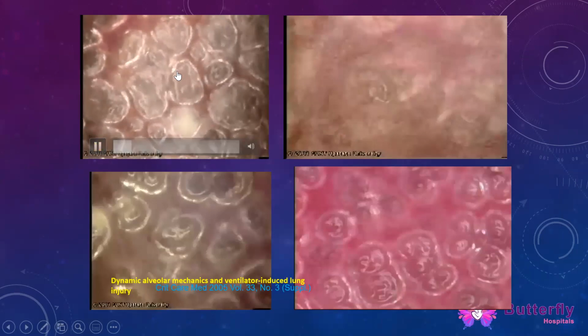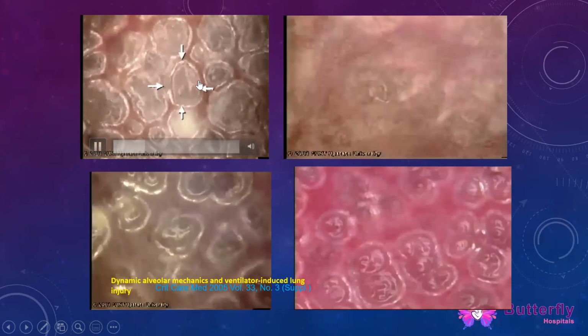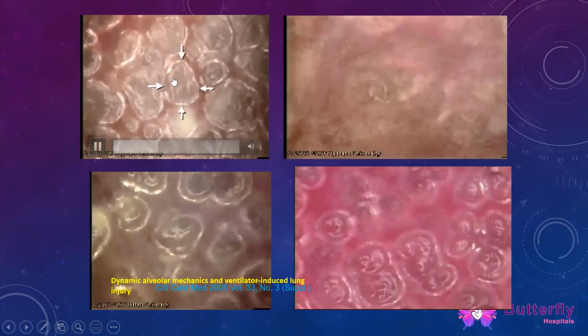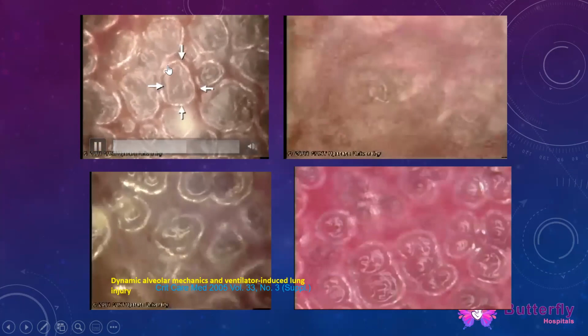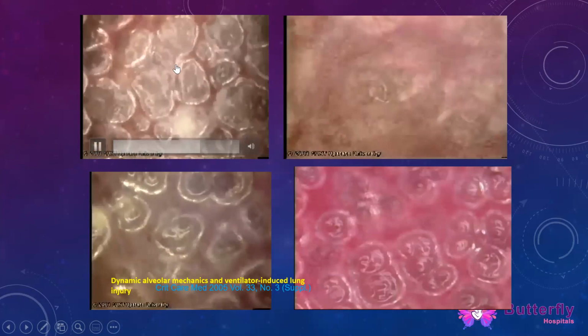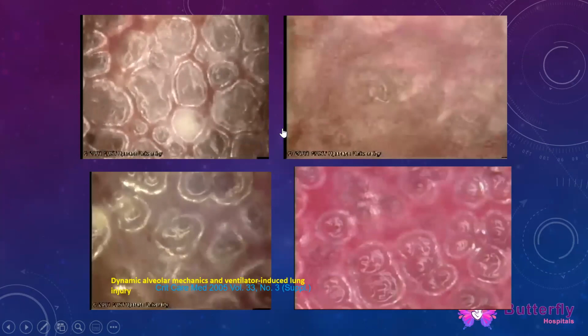As you can see, this is normal respiration as we do. The alveoli don't collapse much, because the surfactant inside the alveoli allows us to prevent the collapse of these alveoli.